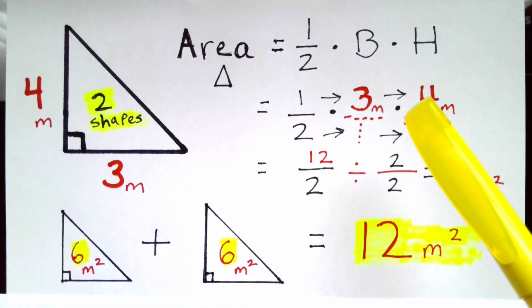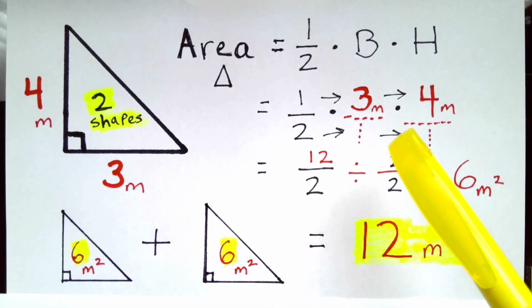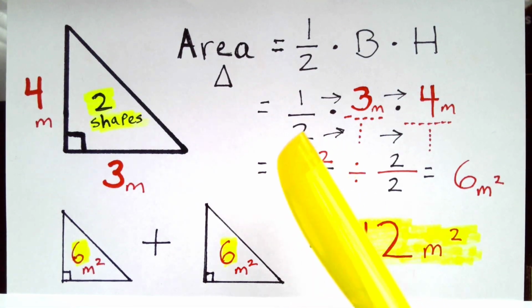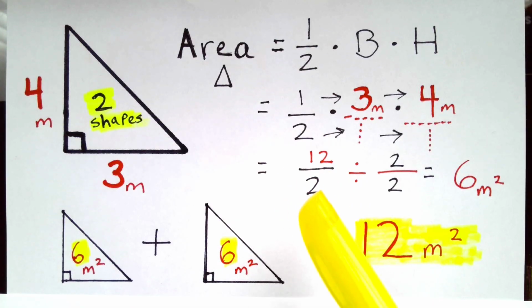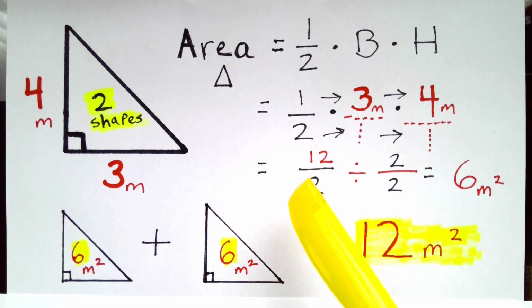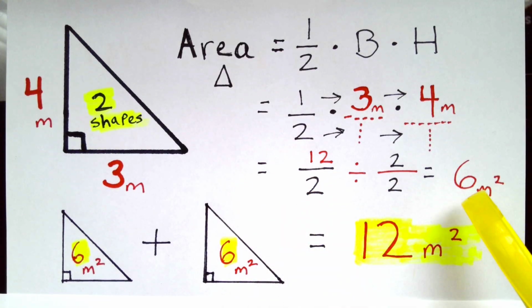1 times 3 times 4 is 12. I'm showing you that right here. 2 times 1 times 1 is 2. So now we have 12 over 2, or 12 divided by 2. Every fraction is a division problem. I can simply reduce this fraction or divide bottom into top. 12 divided by 2 is 6.